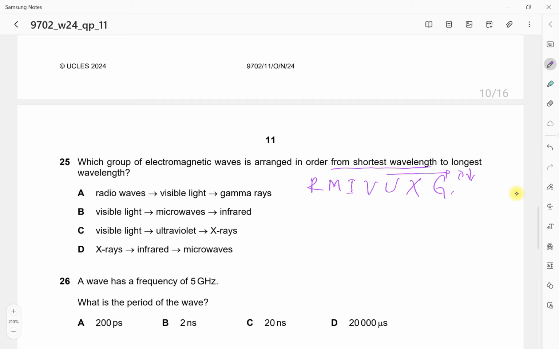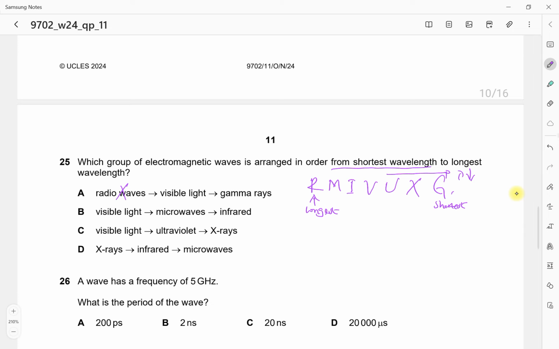So let's see. Radio waves, visible light. They said from shortest wavelength to longest. Radio waves have the longest wavelength. These ones are the longest. And this is shortest. From shortest to longest. So radio waves cannot be the first.